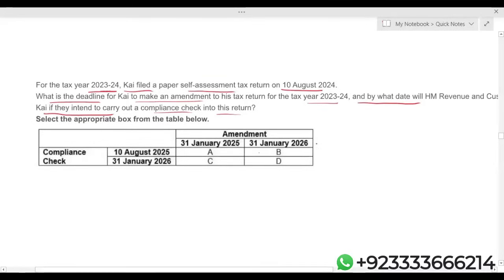So number one, 31st January 2026. So compliance check should be 10th August 2025. It should be B.